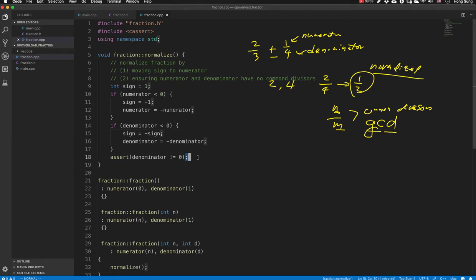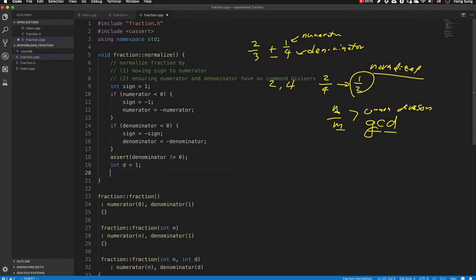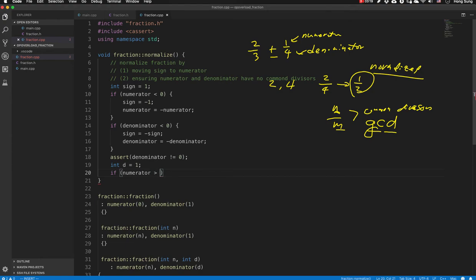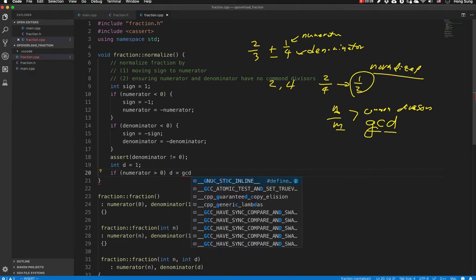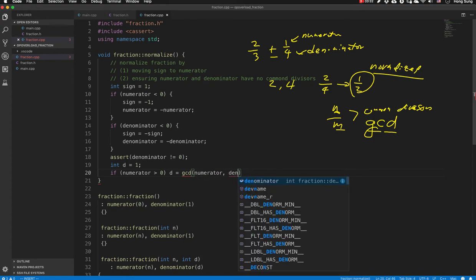So now let's find the greatest common divisor. Let's have a greatest common divisor of 1. It's always a common divisor, and then let's find the greatest one. If the numerator is positive, then the greatest common divisor is given by a function we are going to define later, greatest common divisor given numerator and denominator.